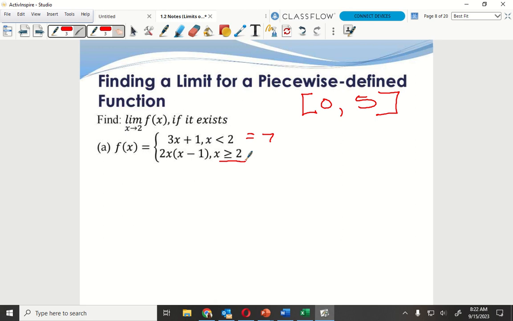So if the limit exists and these are continuous, the left side, which is less than 2, has to go to the same point as the right side. And my right side here, I'm finding out, is going to be 2 times 2, parentheses, 2 minus 1. So 2 minus 1 is 1, right? And then this is going to give me 2 times 2 is 4, which gives me a grand total of 4.